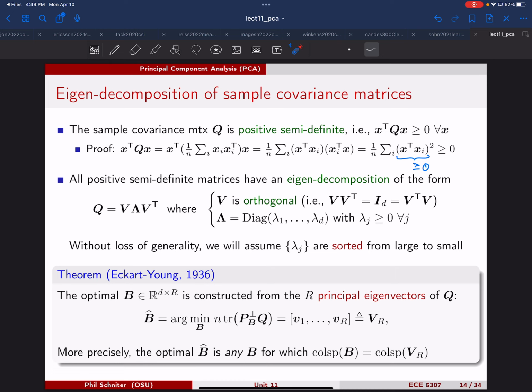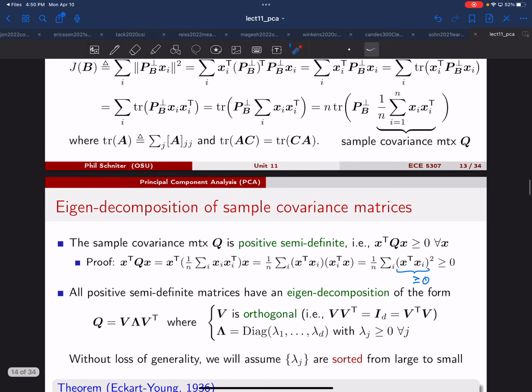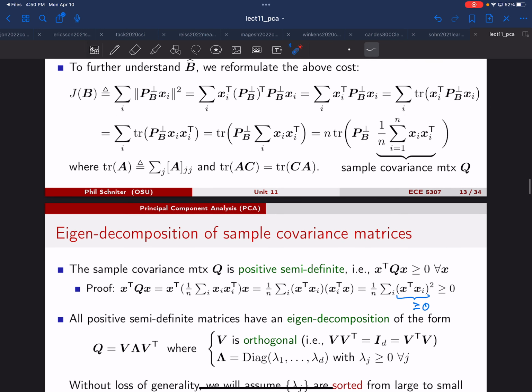Okay, so we've hopefully convinced ourselves that this really is positive semi-definite, and that allows us to use this decomposition. Okay, so what we have to do next is, this is the problem that we're trying to solve.